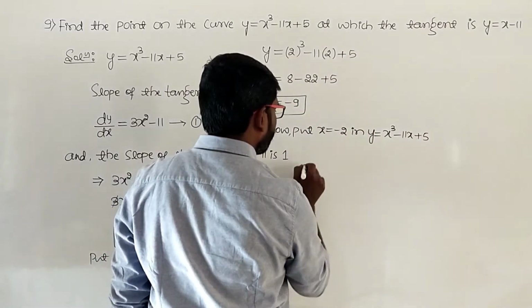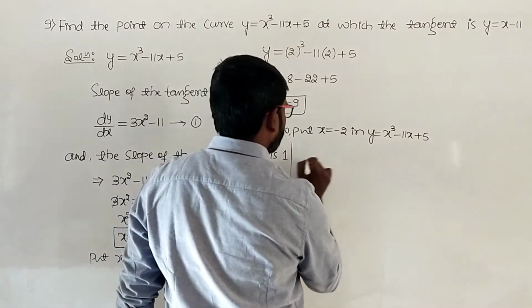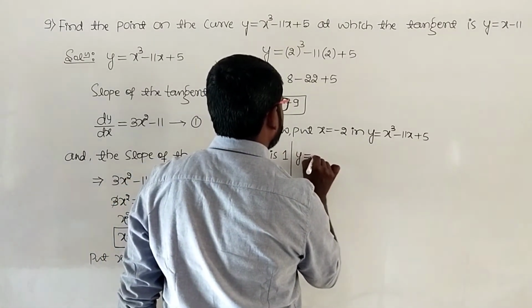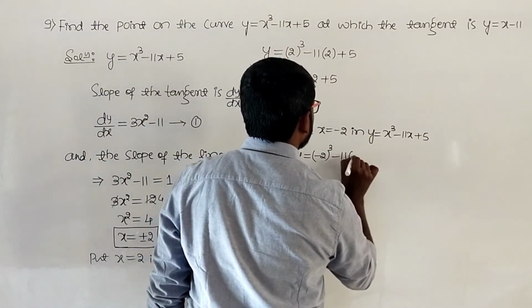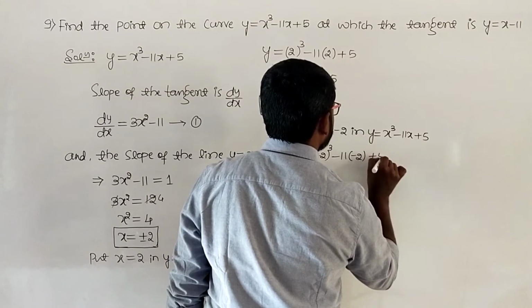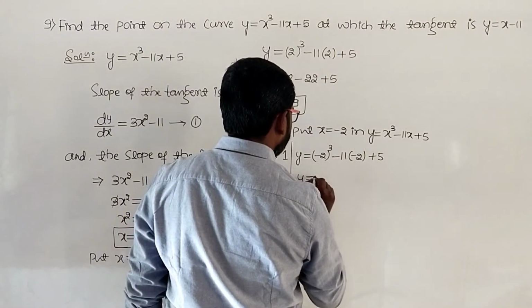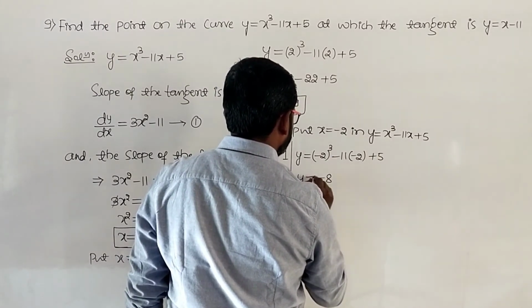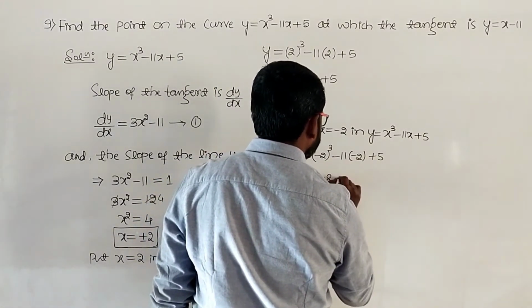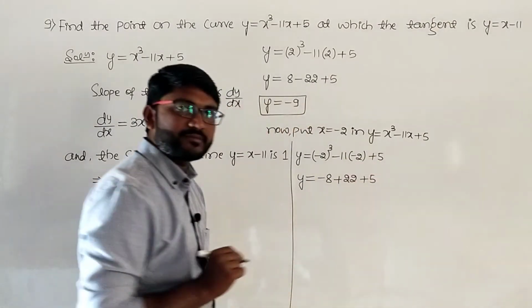So what do we get? y is equal to minus 2 cube, then minus 11 into minus 2, plus 5. So minus 2 cube will be minus 8. Then here you get plus 22, then plus 5.